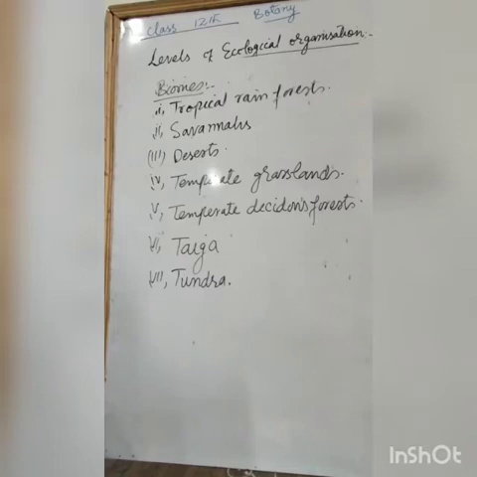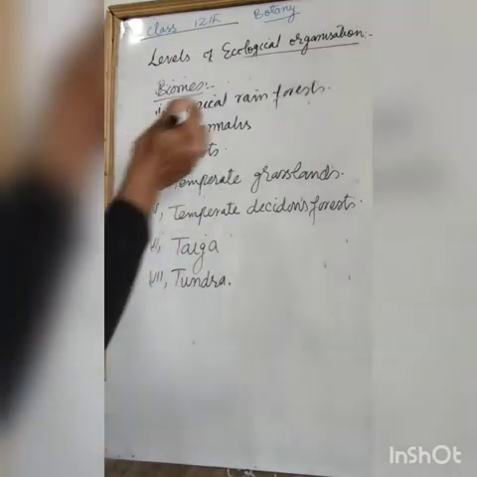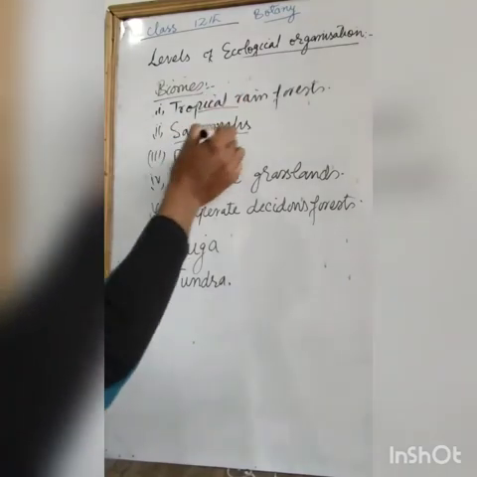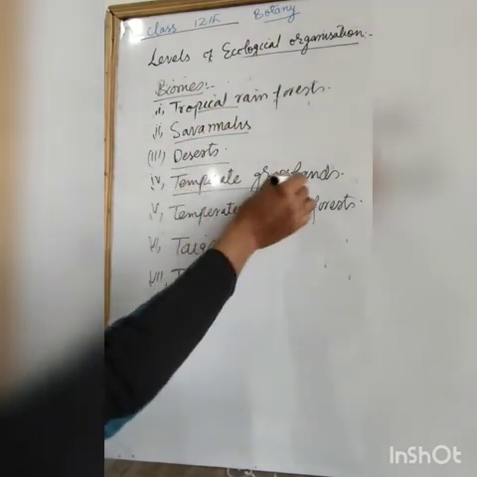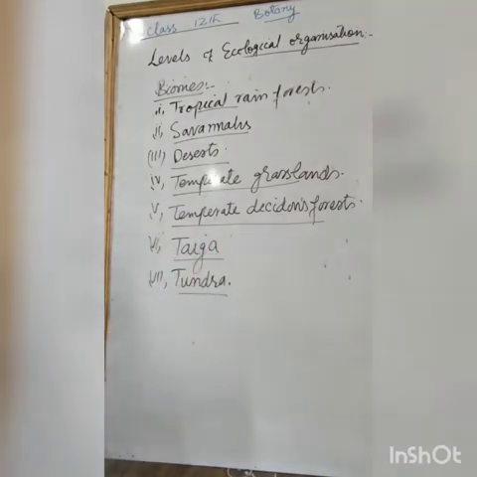And they are characterized by the direct result of their temperature and rainfall patterns. You have to remember these names: tropical rainforests, savannas, deserts, temperate grasslands, temperate deciduous forests, taiga and tundra.